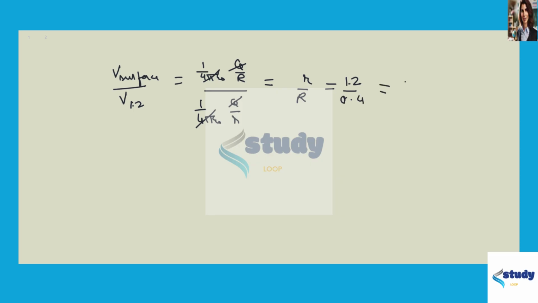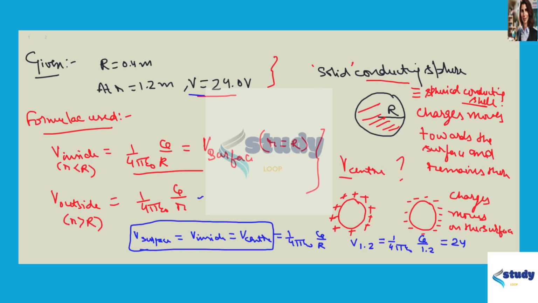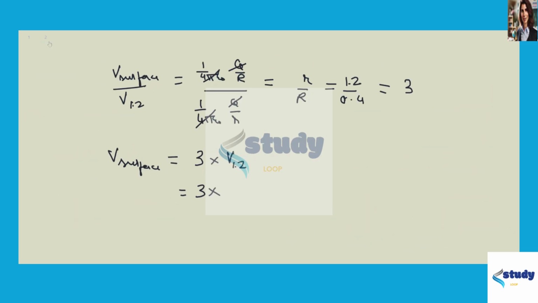So this becomes 3. So V surface equals to 3 times V1.2. And what is the value of the V1.2? We have this information here. So V1.2 is 24.0 volt. So this gives us 72.0 volt. So this is the potential at surface.